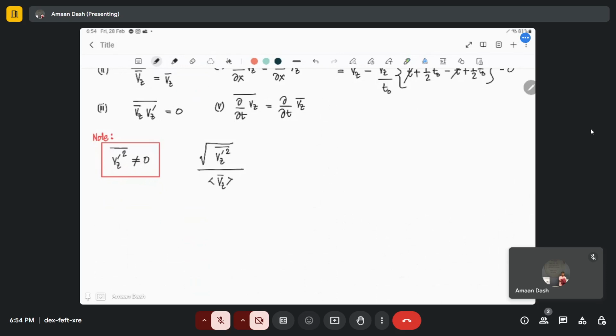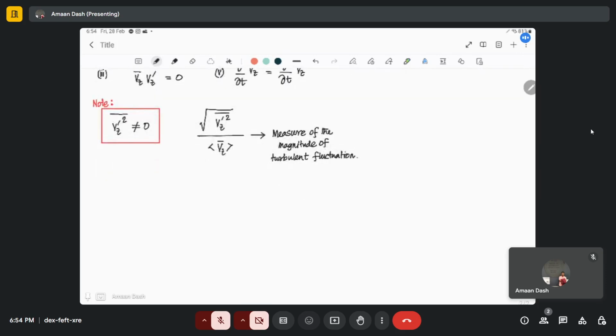This is generally taken as a measure of the magnitude of the turbulent fluctuation, and may also be called the intensity of turbulence.